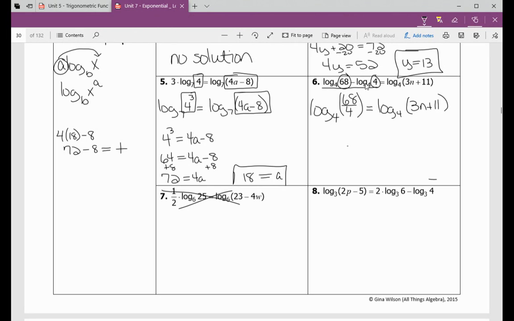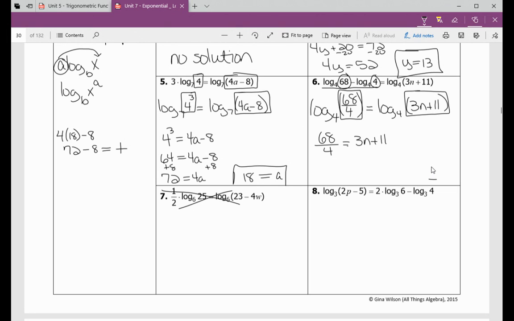Now, I had to condense that so I could create the log equals log scenario. So I'm going to take this number at this point and this number and set them equal. So 68 over 4 is equal to 3n plus 11.